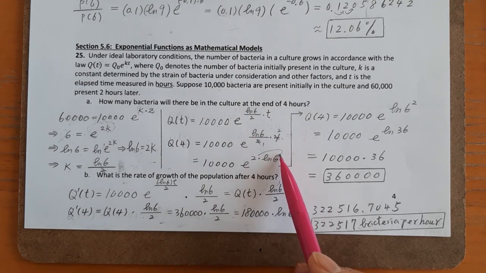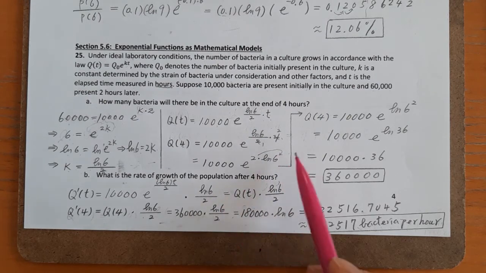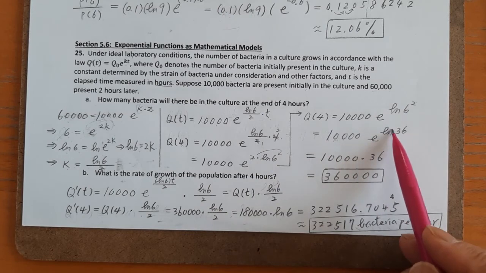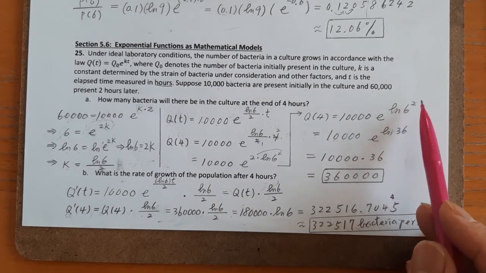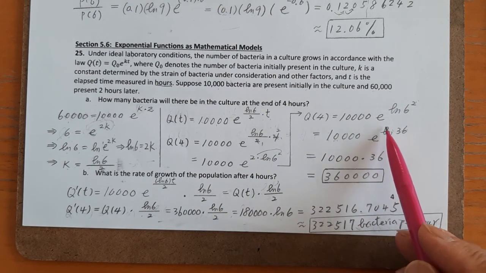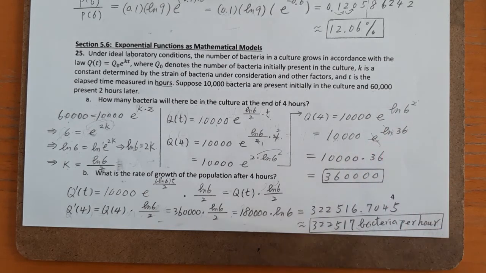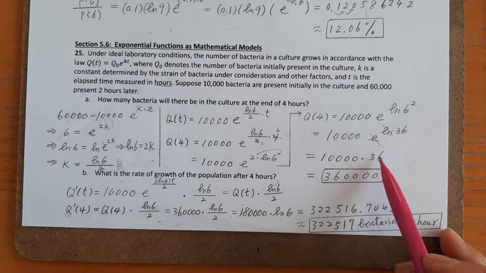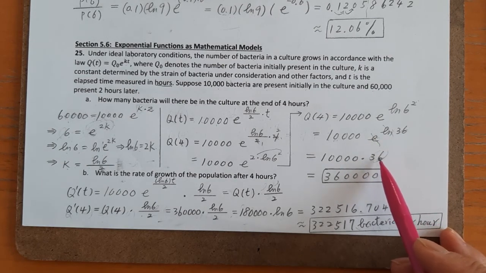And this you can go ahead, power rule, get 6 squared. So it's 10,000 times e to the power ln 6 squared, which is 36. And the ln and the e are inverse functions, they cancel each other. So this equals 36 times 10,000.